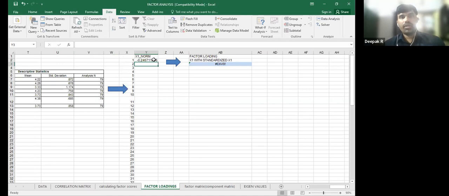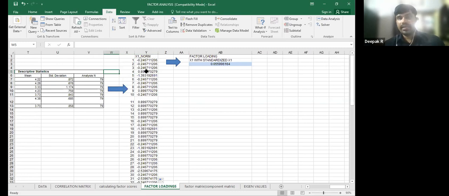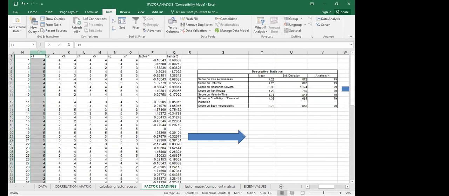Okay, so what we are now able to get are these values, which are the standardized values with respect to the response which has been given for the first variable, and we have got the factor score.